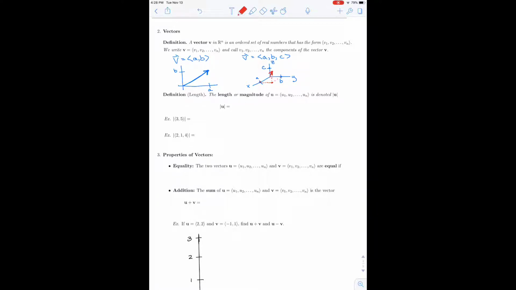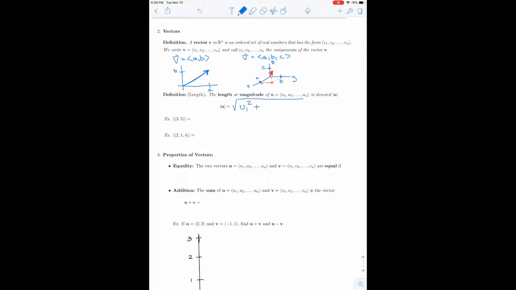Now we can talk about the length or magnitude of a vector, which is really the distance of that point to the origin. So the length of that vector is the square root of the sum of the squares of the components of that vector.